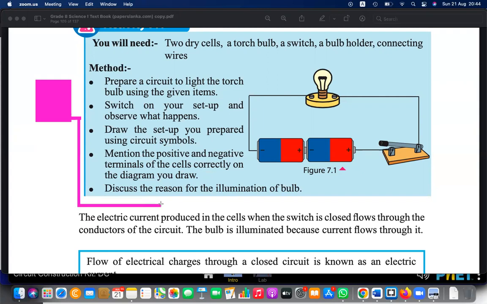And let's say in this pipeline, there is a tap to control the flow. This tap is to control the flow.